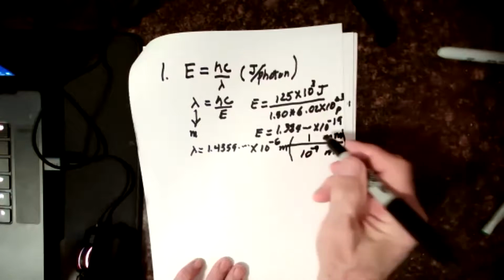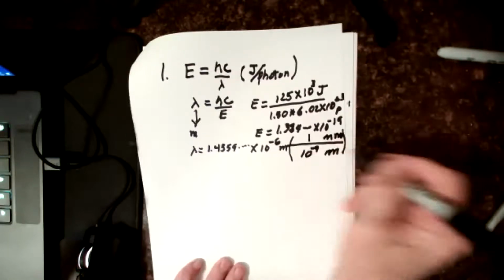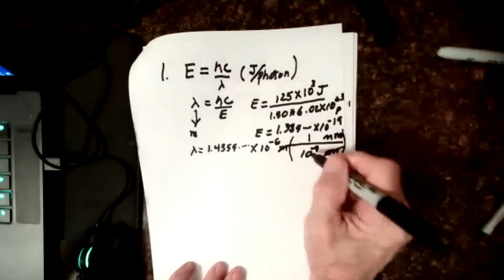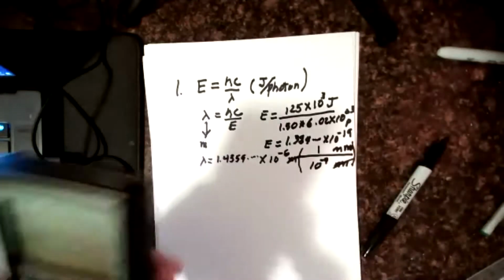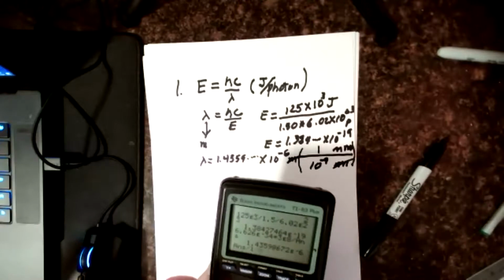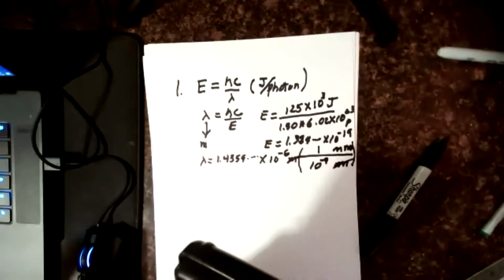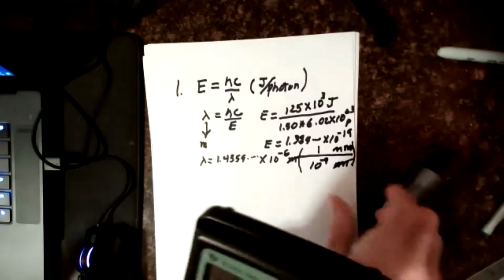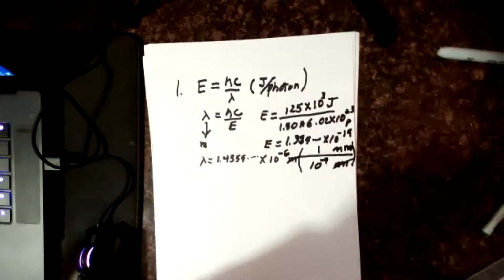And so 1 nanometer and 1 nanometer. See, it's the same thing. So my meters are going to cancel. And if I divide my answer by 10 to the negative 9, still on my calculator, so I want to divide it by 1 with an exponent of negative 9. And I get 1.44.